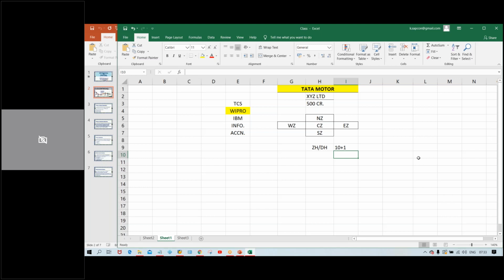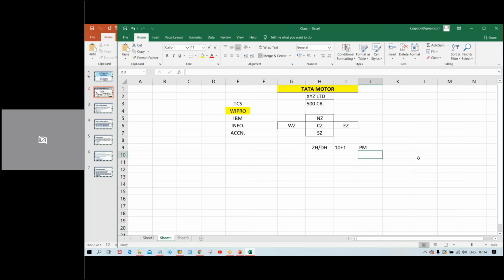But now what is happening, guys? Once the project is handed over and comes into the hands of this zonal head or delivery manager, the first thing he or she is going to do is hire a project manager.